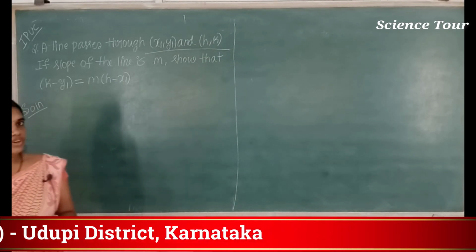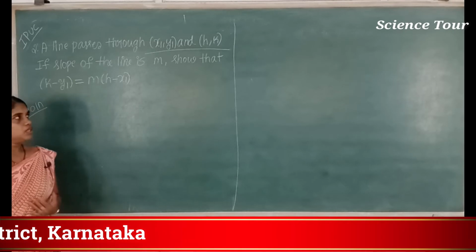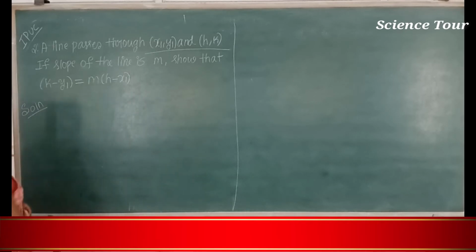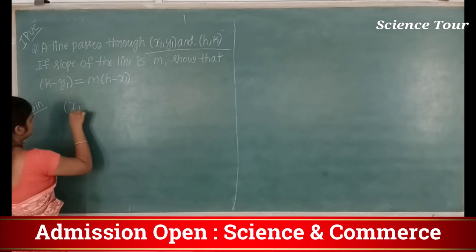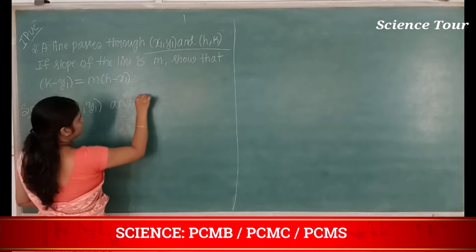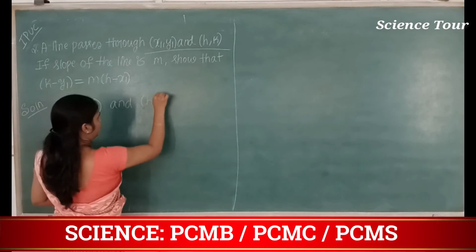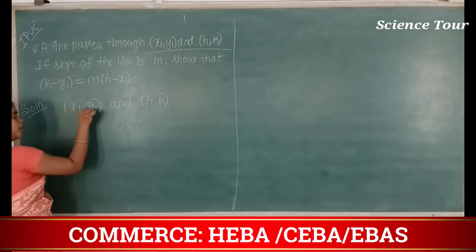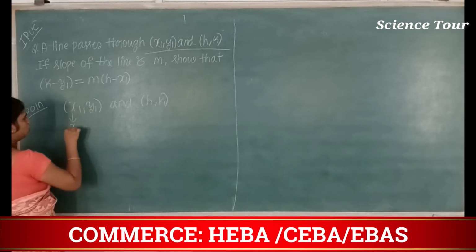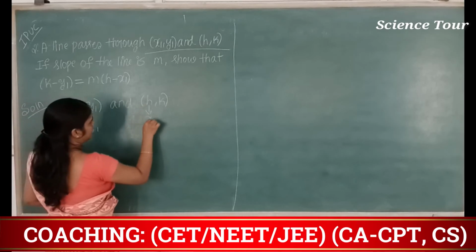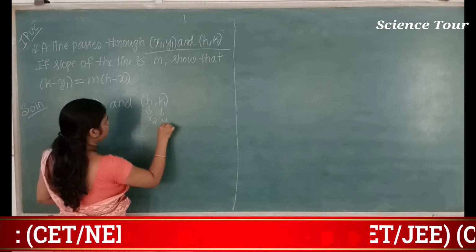If they have given the 2 points, then how to calculate the slope of the line? First I will write the 2 points, that is x1, y1 and the second point h, k. So these are the 2 points, isn't it? The first point x1, y1, and the second point h, k, I will consider as x2, y2.